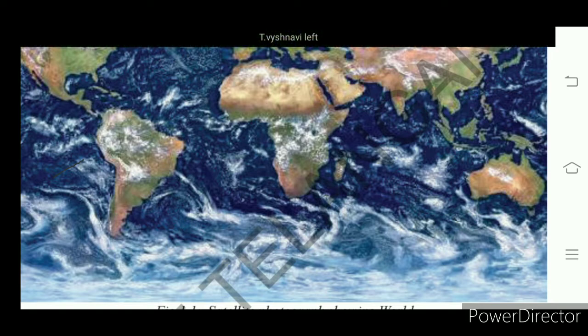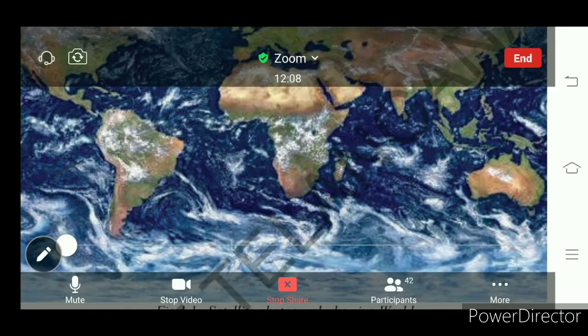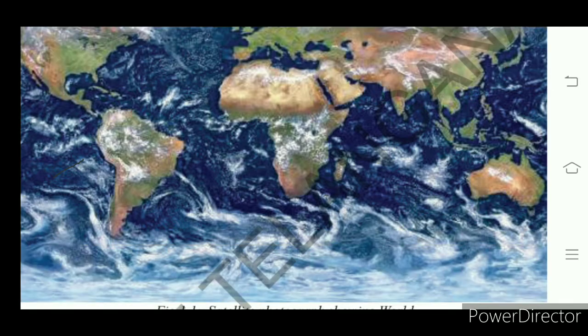There are many important things of a place shown in the map. Map makers. What do you mean by map makers? Those who make a map. They leave the things which are unimportant for their purpose.